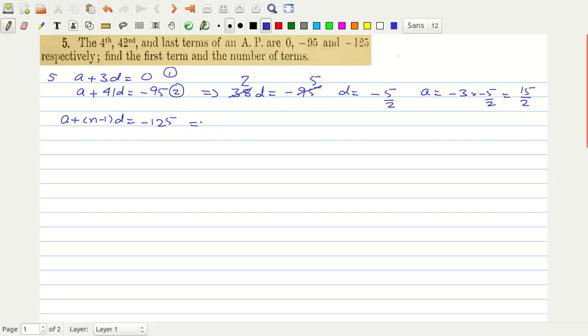So this implies that 15 by 2 plus n minus 1 times minus 5 by 2 is equal to minus 125. Minus 125 we can write as minus 250 by 2.